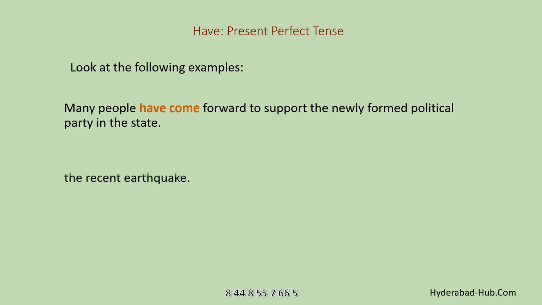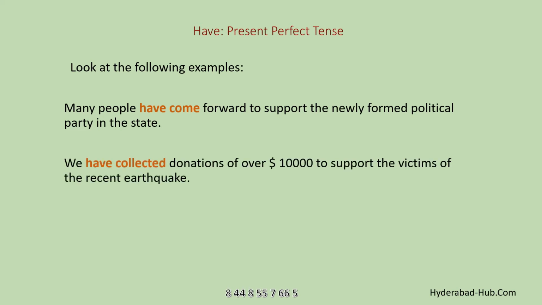Let us look at one more example. We have collected donations over $10,000 to support the victims of the recent earthquake. In this sentence, the emphasis is on the action, that is, we have collected donations over $10,000.